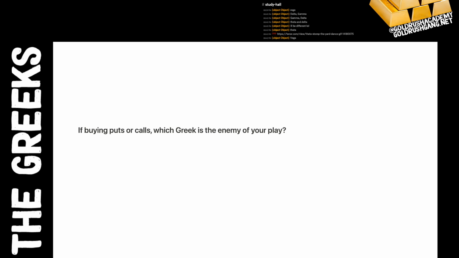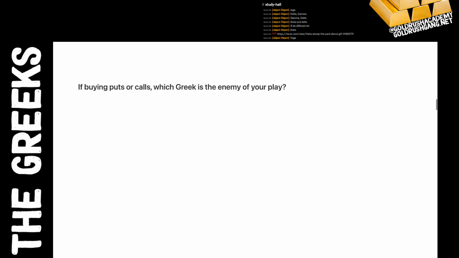Carb says Vega. All right, the answer here, in my opinion, and I could be totally wrong, is theta. Everything else is relatively helpful or impartial. The one enemy that you have when you are in an options contract is time, and the time decay is theta. So theta is the answer for me.